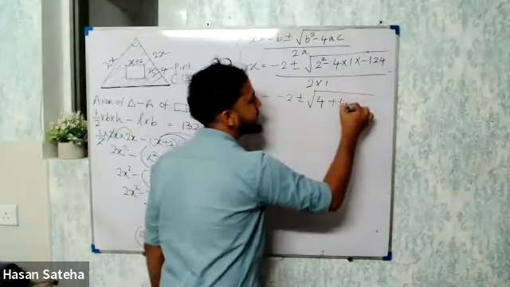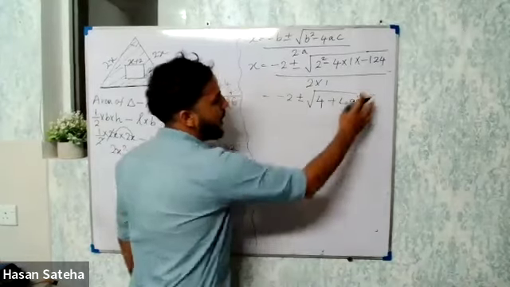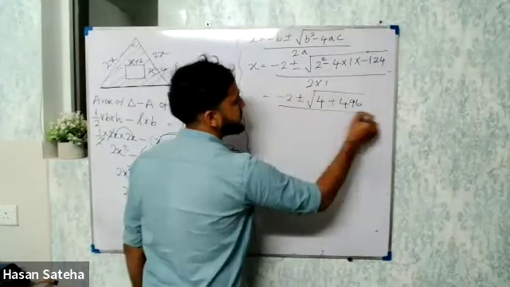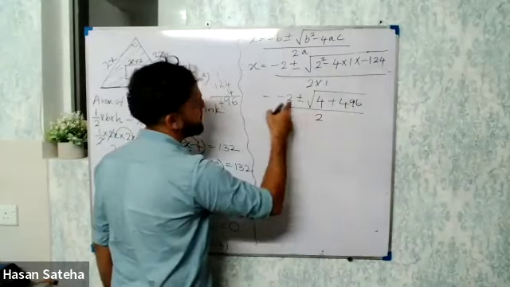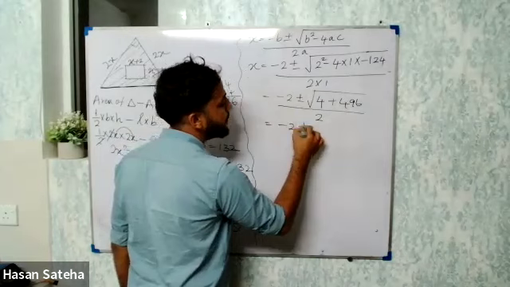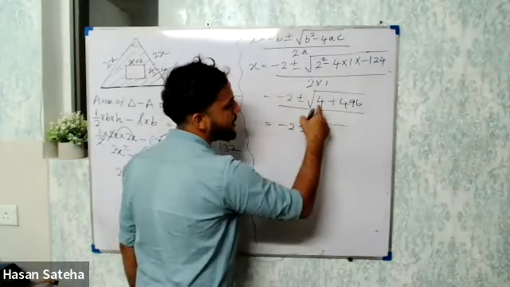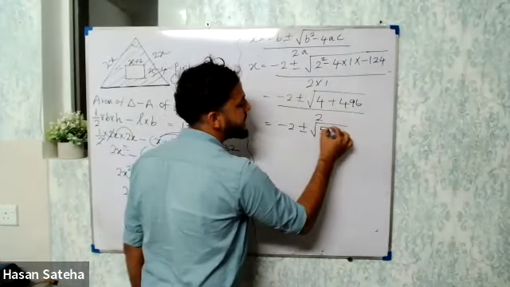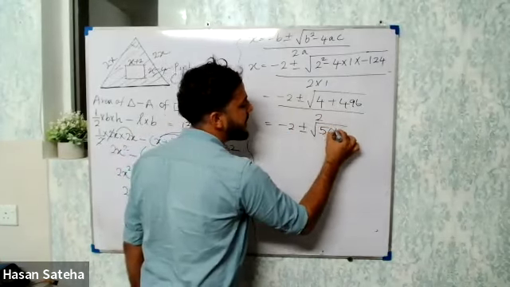That is 496. Divide by 2. Don't go to simplify. Don't cut it. Okay. You have a plus and a minus here. Minus 2 plus or minus inside the square root 4 plus 496. That is 500. Divide by 2.